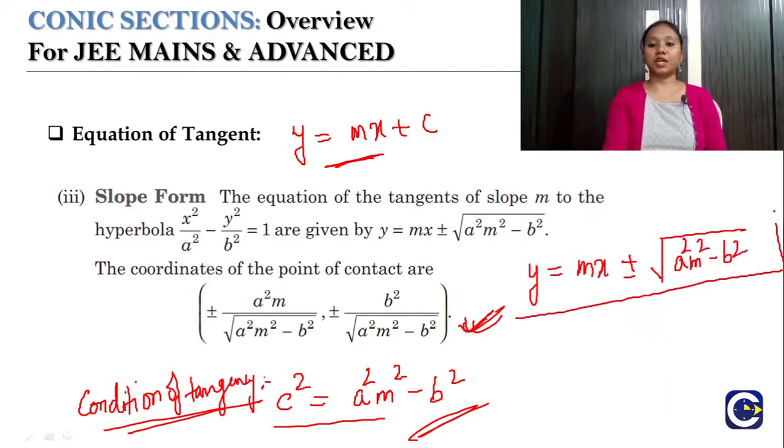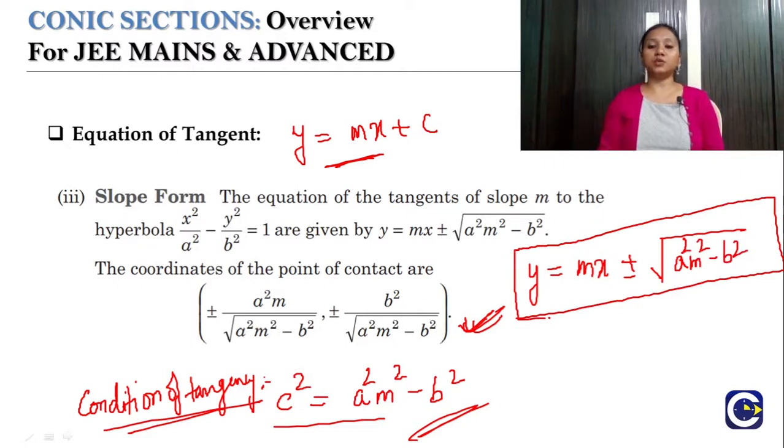So this is my equation of line here, y equal to mx plus or minus root over a square m square minus b square. This line equation represents the equation of a tangent with slope m.